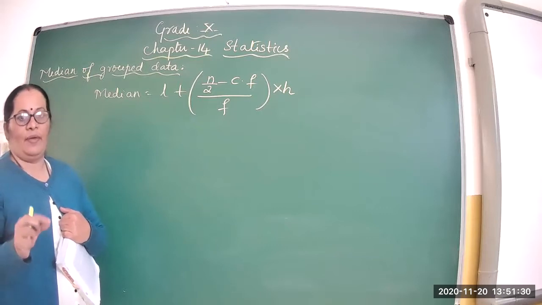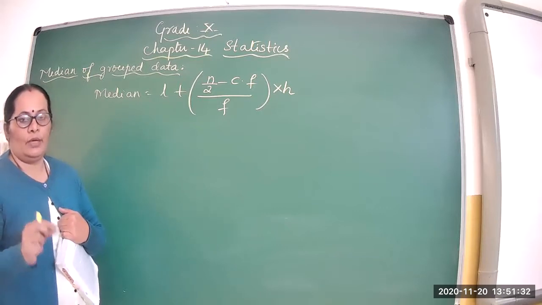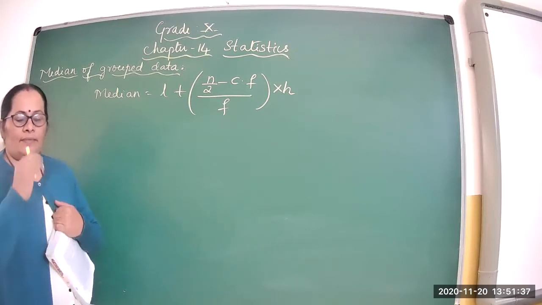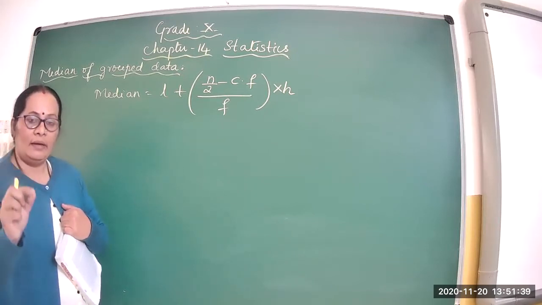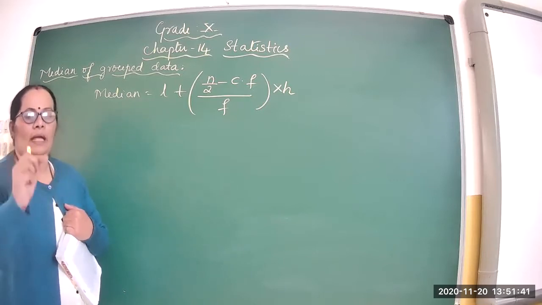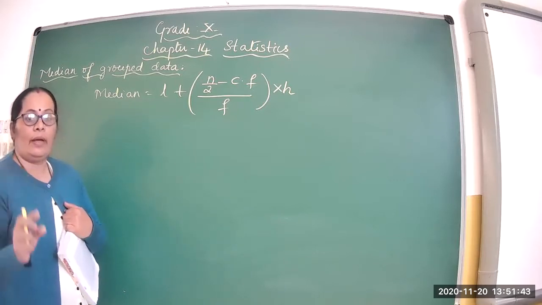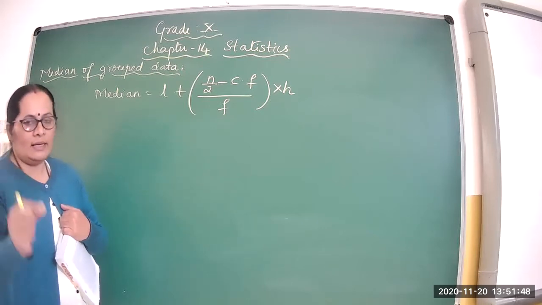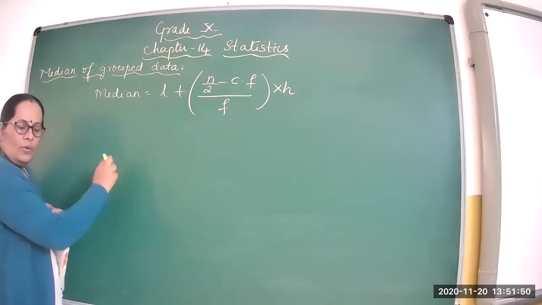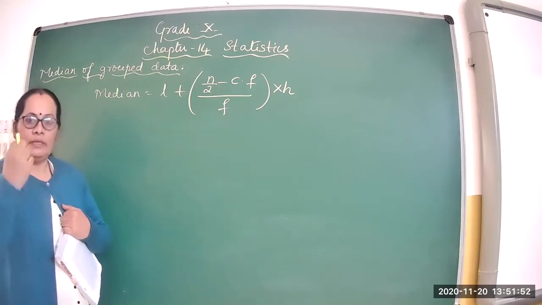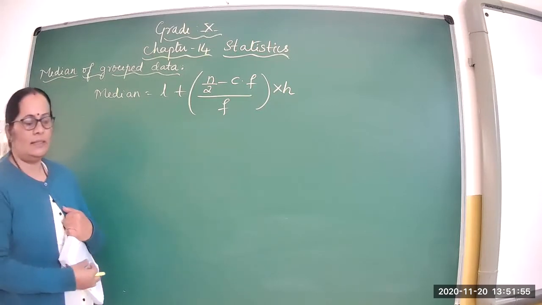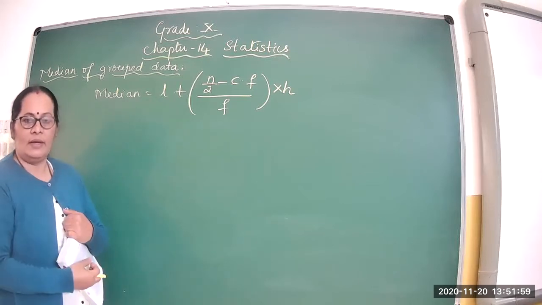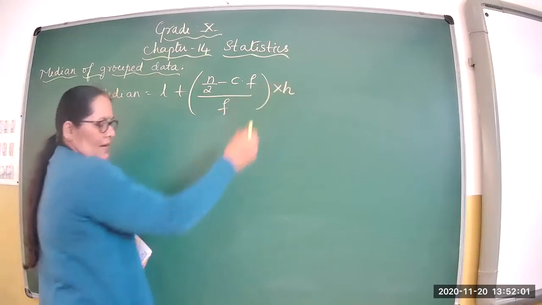Then third step, find n by 2, so total frequency divided by 2. Why are we finding n by 2? To locate the median class. Once we find that median class, note down the lower limit of the median class, the frequency of the median class, the cumulative frequency of the preceding class and class width.